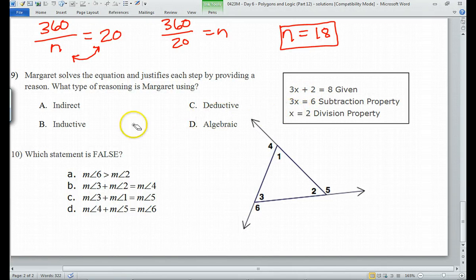And the other one is the one where we are learning from a pattern and basically making a guess that the pattern will continue. So which one is the one where we're following accepted rules?